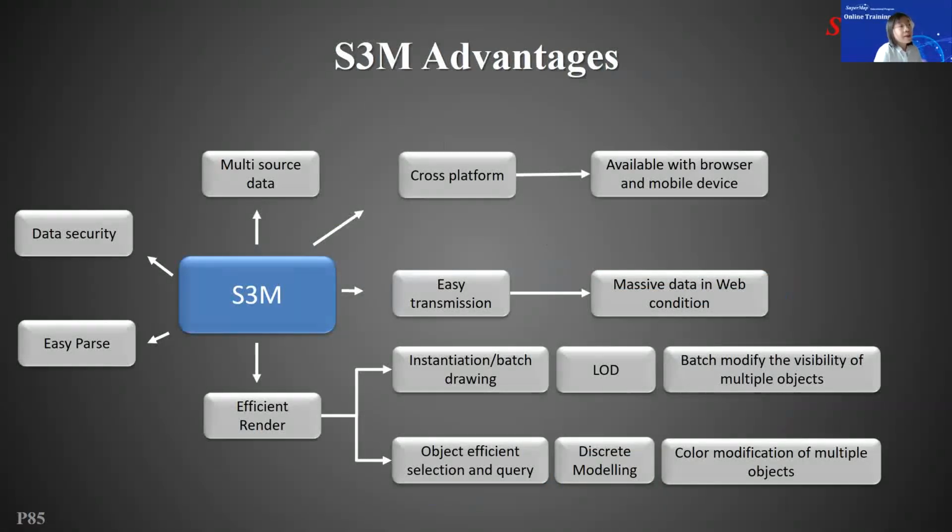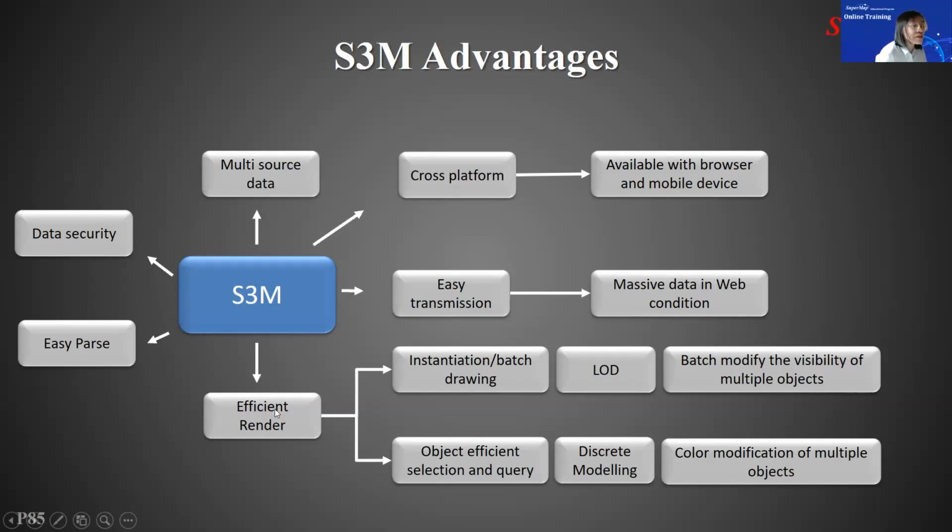So compared to 3D Tiles and OSGB, what's the advantage of S3M? This is its advantage, as we talked about before. It can support multi-source data. It can be visualized cross-platform and is available in browsers and on mobile. It has high data security and is very easy to parse, which saves rendering time.